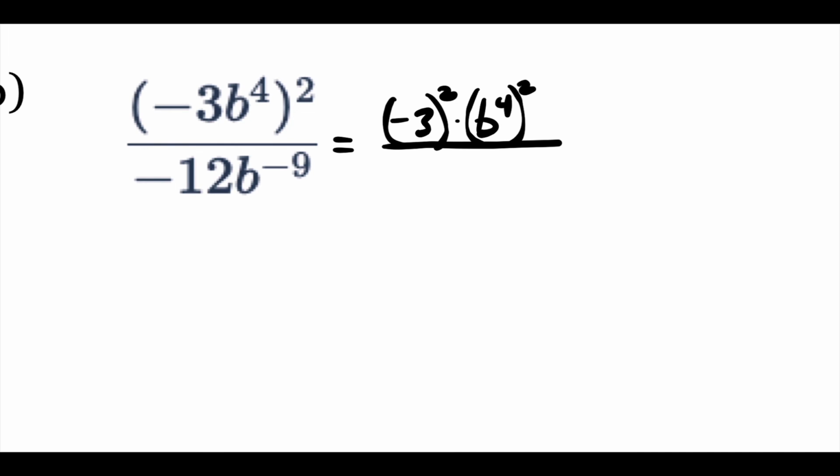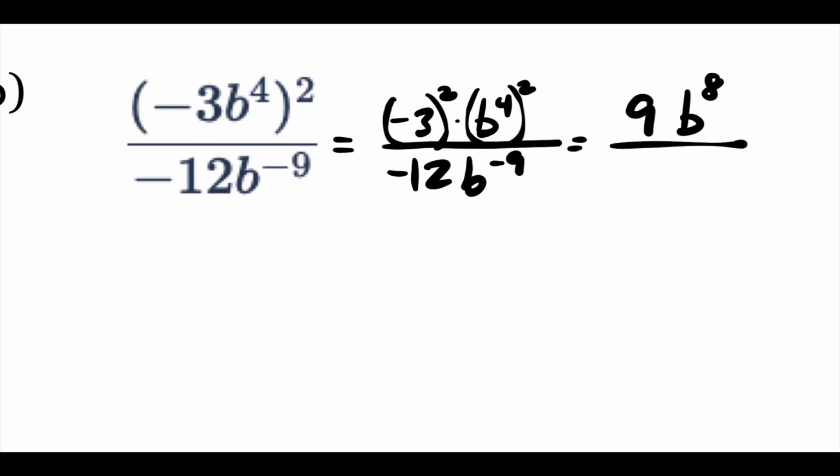The bottom I'm not going to worry about right now because it doesn't have parentheses. I'll come back to it in about a minute or so. Okay. So again, we just said negative 3 times negative 3 is 9. What do I do with these powers here? Multiply them. It makes b to the 8th power.